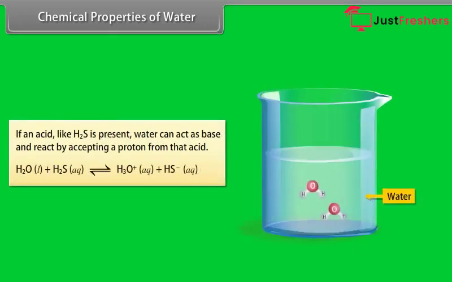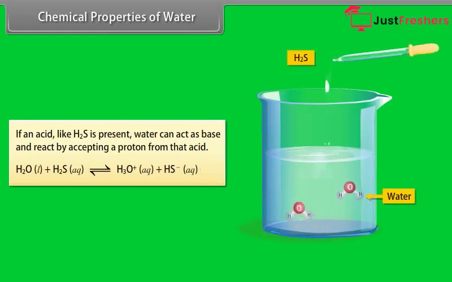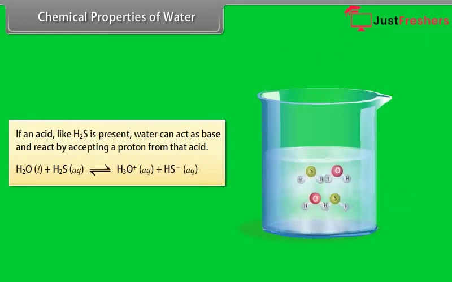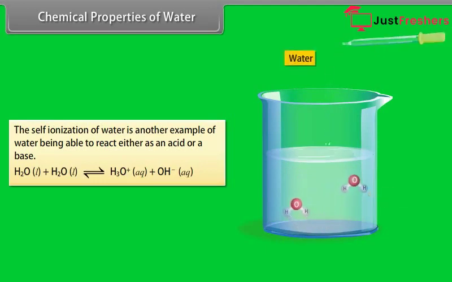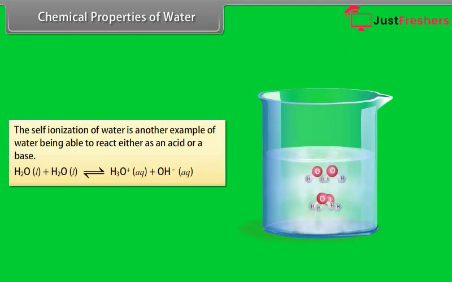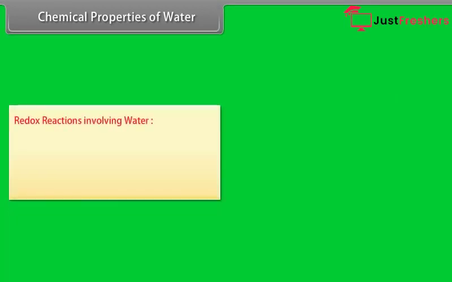If an acid like H2S is present, water can act as base and react by accepting a proton from that acid. The self-ionization of water is another example of water being able to react either as an acid or a base.